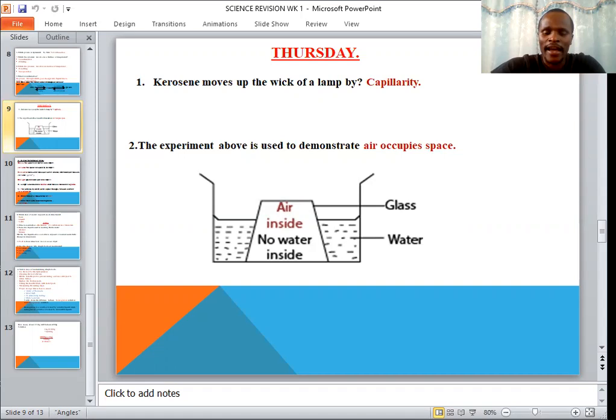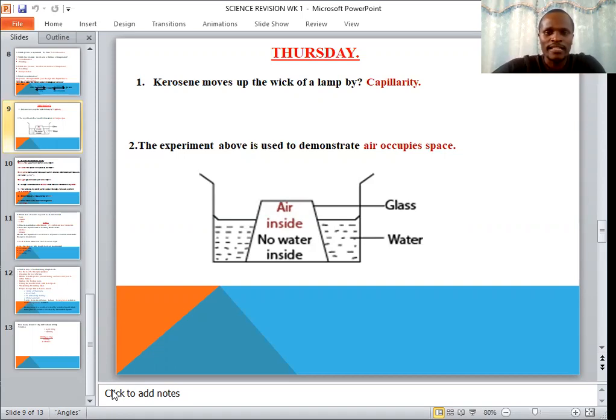So if you look at that diagram, you can see I've written there air is inside and there is no water. Now it means that this glass was full of water, and therefore there is nothing more that could be added because it is already full with water. I mean with air. Okay.